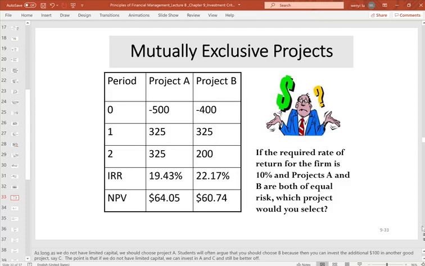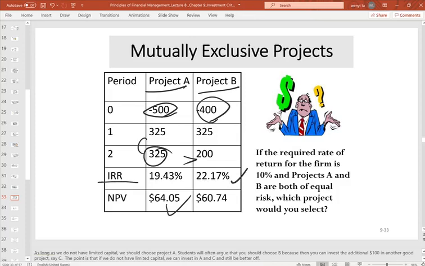Let's show one more example. For example, these two projects, project A and project B. Project A has a higher initial cost, but also more future cash flows. Based on the IRR method, project B is better, but for the NPV method, A generates more value.